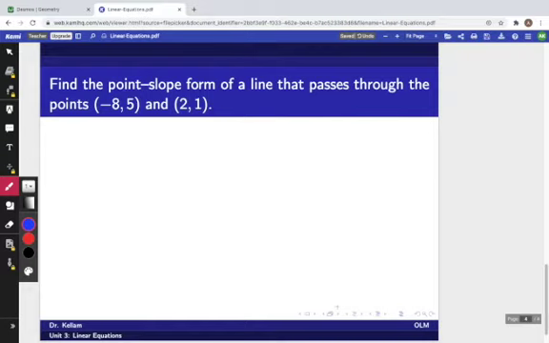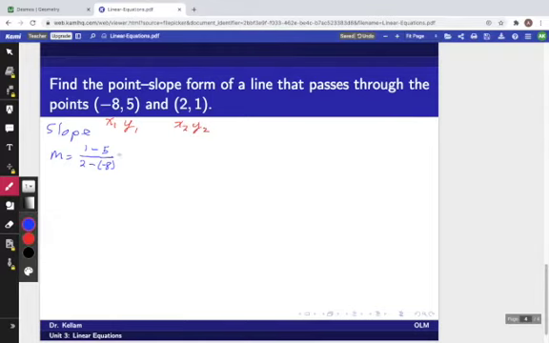So now we have these 2 points, and we're going to do the same thing again, starting off by finding my slope. My slope is equal to y2 minus y1 over x2 minus x1, where the points are x1, y1, x2, y2.